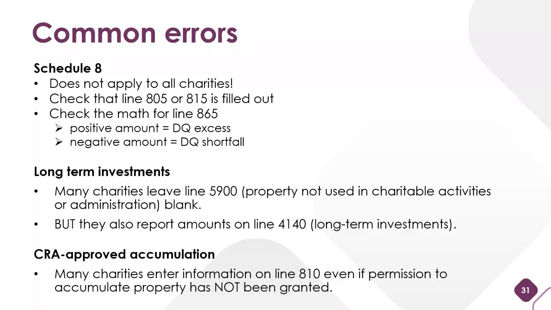So that means that these charities are not completing line 5900 properly because they're reporting that they don't have property not used in charitable activities or administration when in fact they do. And lastly, we also see many charities enter information on line 810 even if permission to accumulate property has not been granted. Only charities that have been granted this permission should fill out line 810.